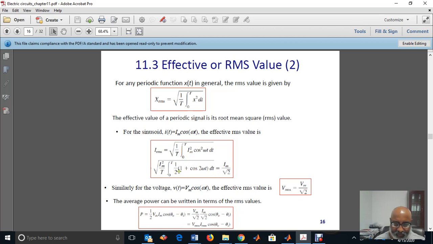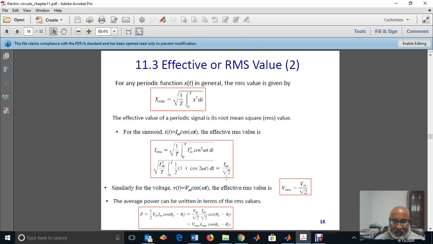The integration of the first part will be T over 2. The second part, because it's cosine, you can try it, the integration of the second part is 0. So from this I will get T over 2 times 1 over T. T will cancel T. And finally I have Im over radical 2.